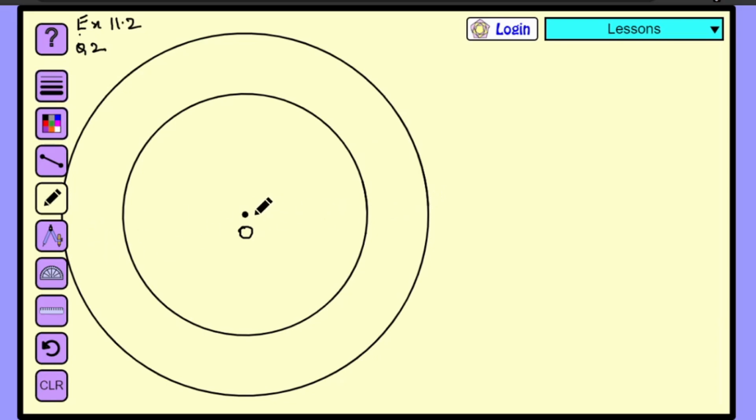Somewhere here I am taking this point as B. From this point B, I have to construct two tangents to the inner circle of radius 4 centimeters.